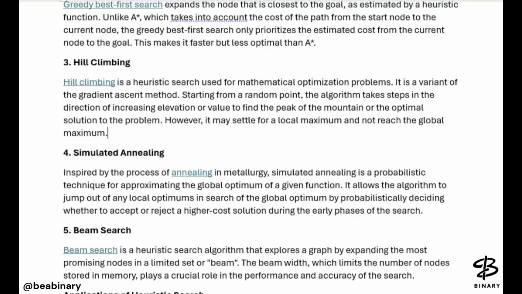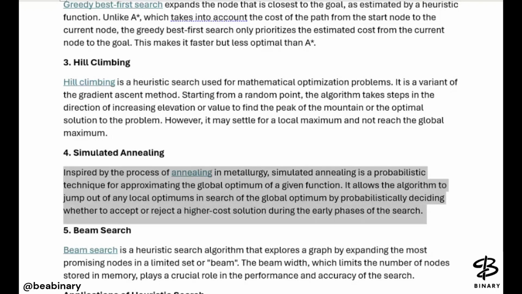Now simulated annealing. This is not in our syllabus, but we need to know it in terms of heuristic search techniques, just the definition. What is simulated annealing? Inspired by the process of annealing in metallurgy, simulated annealing is a probabilistic technique for approximating the global optimum of a given function, and it allows the algorithm to jump out of local optima in search of a global optimum.